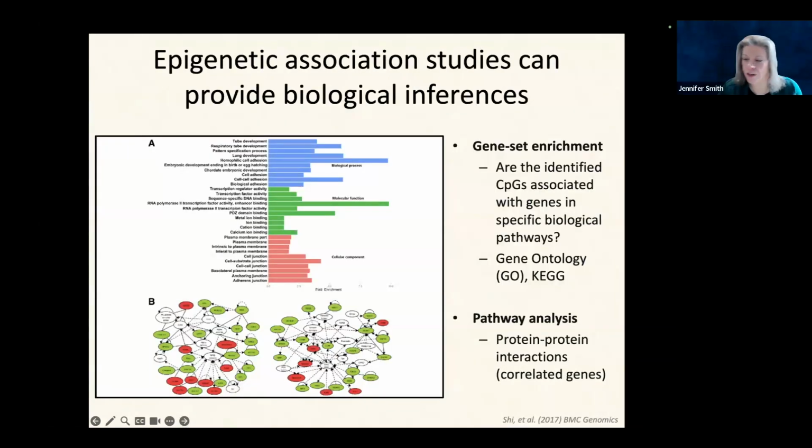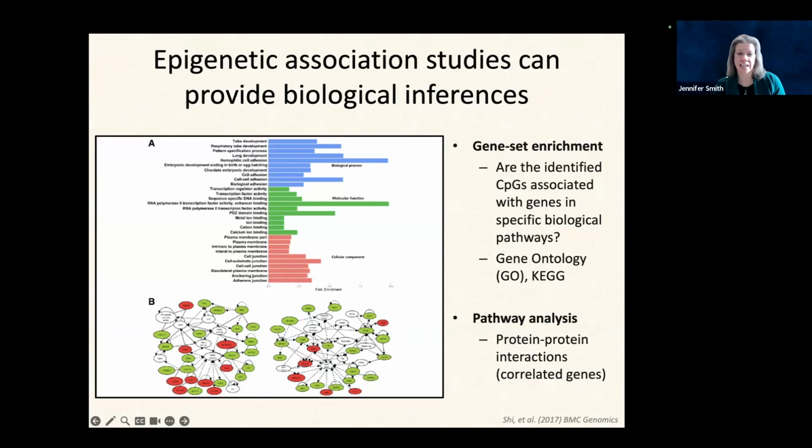Okay, so in brief, the reasons why here, it can help provide biological inferences. So if we find a bunch of epigenetic sites associated with a disease of interest, we can look at what gene sets they're in and see if they help identify specific biological pathways.